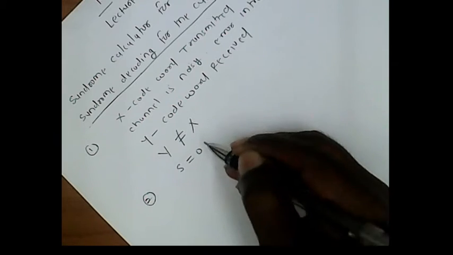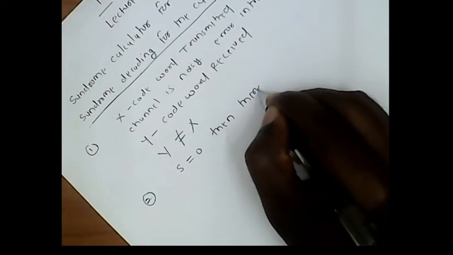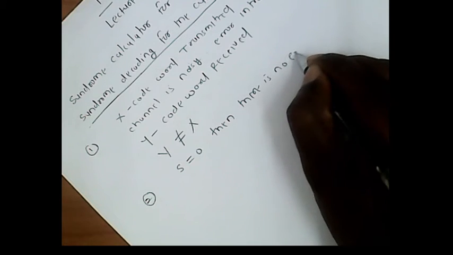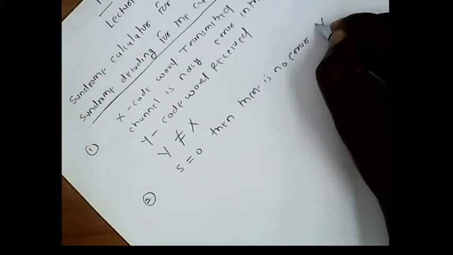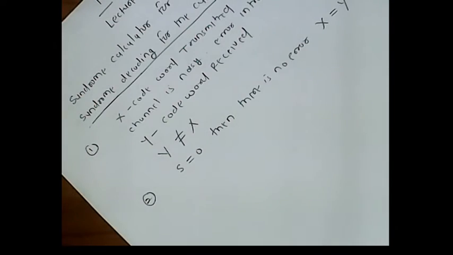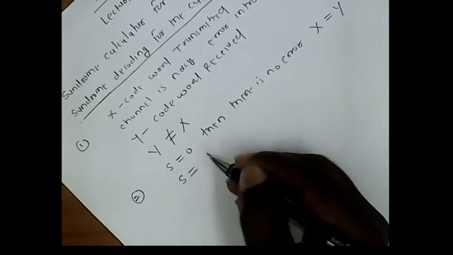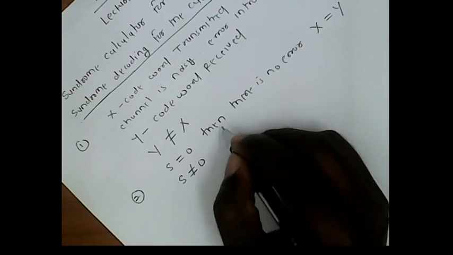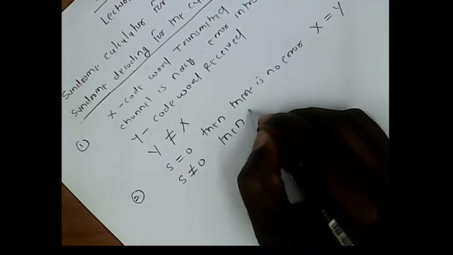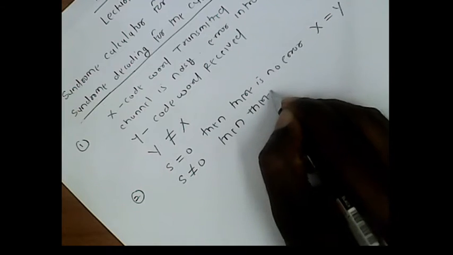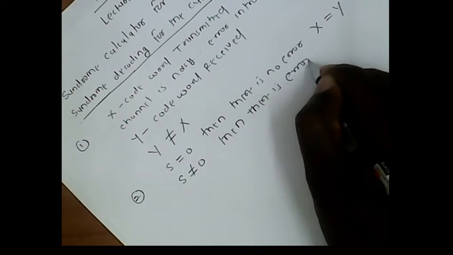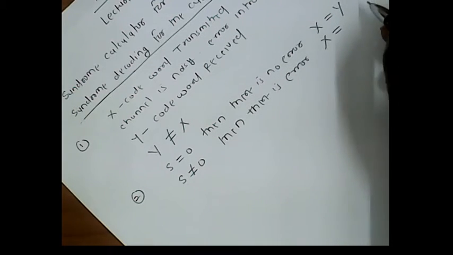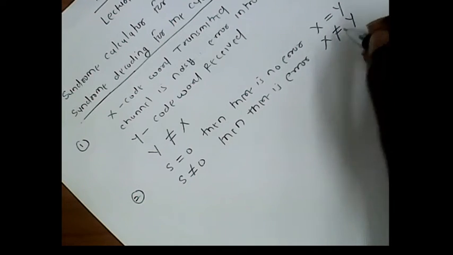If the syndrome is 0, then there is no error, so the transmitted code word is equal to the received code word. If the syndrome is not equal to 0, then there is an error, so the transmitted code is not equal to the received code.